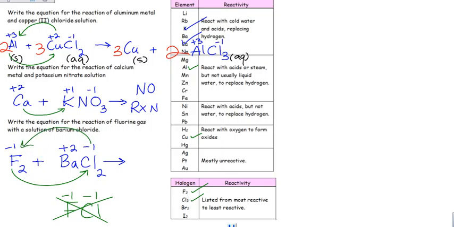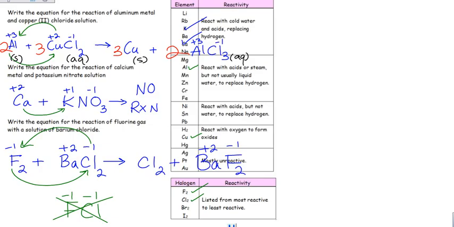So on the product side, I'll have chlorine, diatomic as an element, and then barium fluoride, +2 -1. I need 2 fluorine. Well, what do you know? It's balanced already.